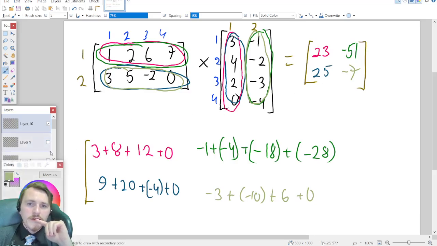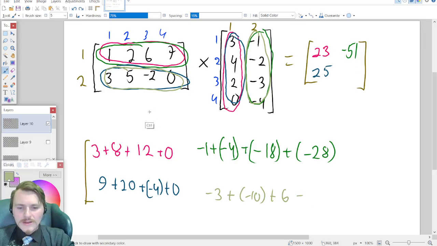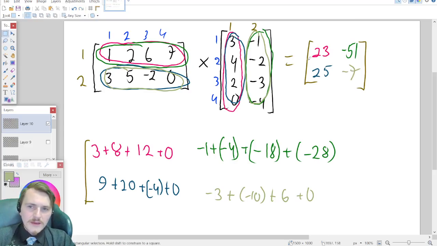Take a screenshot. I'm going to undo all this stuff. I will actually copy our result.